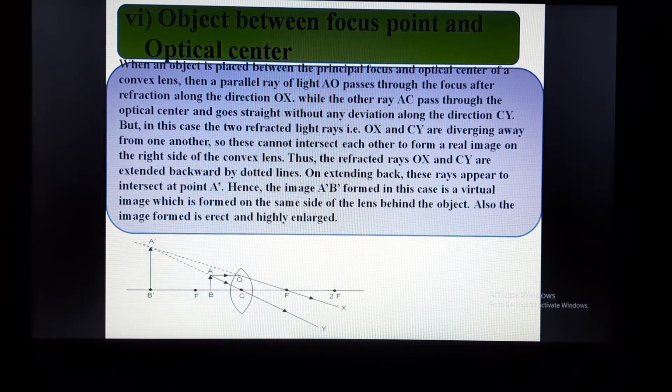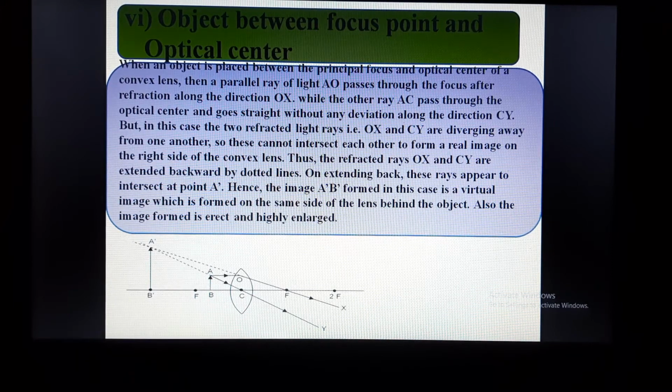A parallel ray of light AO passes through the focus after refraction along the direction OX, while the other ray AC passes through the optical center and goes straight without any deviation along the direction CY.